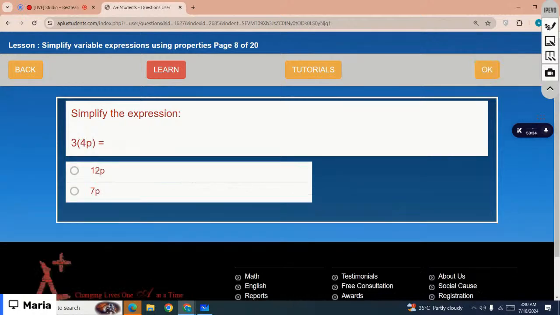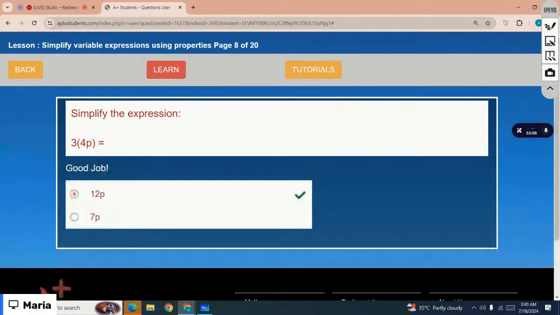Okay, 3 times 4g, so which is the correct option? Option number one is the correct option.